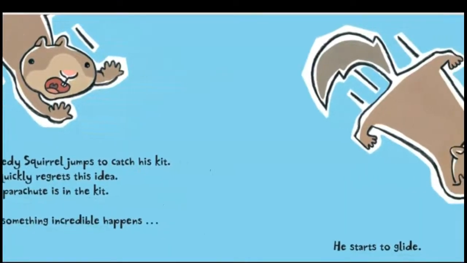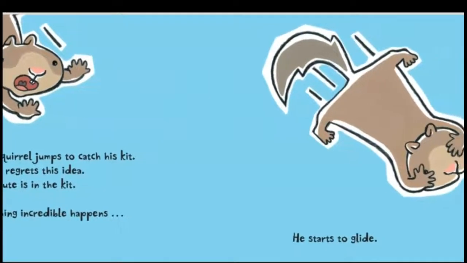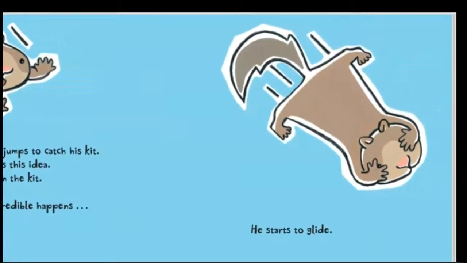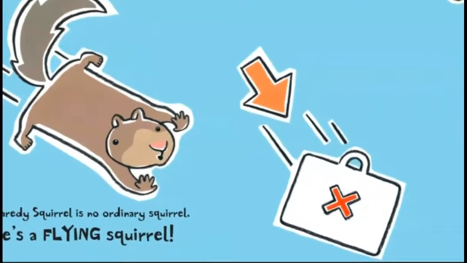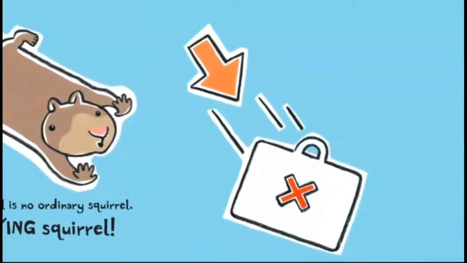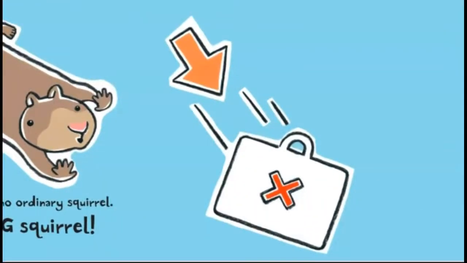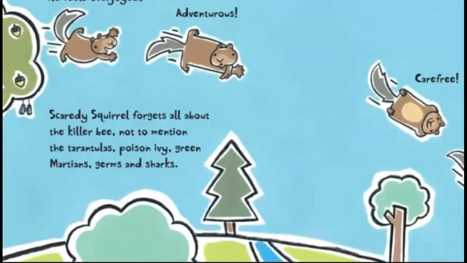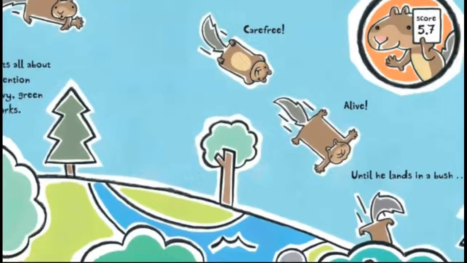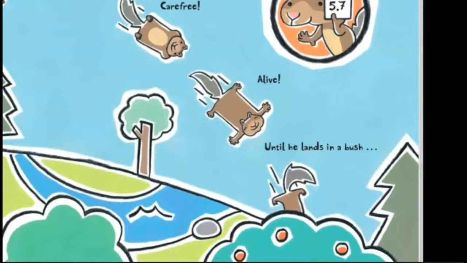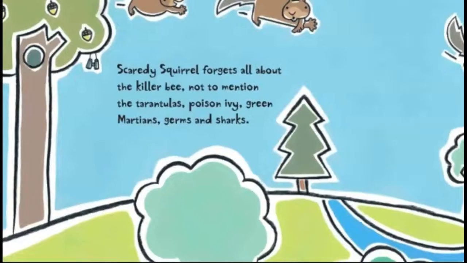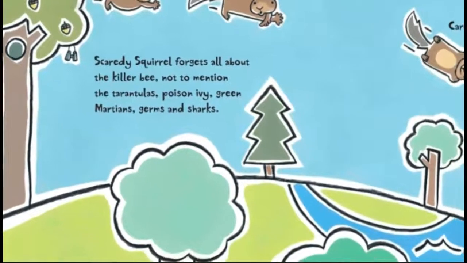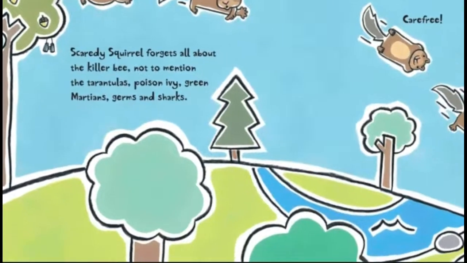But something incredible happens. He starts to glide. Scaredy Squirrel is no ordinary squirrel. He's a flying squirrel. He feels overjoyed, adventurous, carefree, alive, until he lands in a bush. Scaredy Squirrel forgets all about the killer bee, not to mention the tarantulas, poison ivy, green Martians, germs, and sharks.